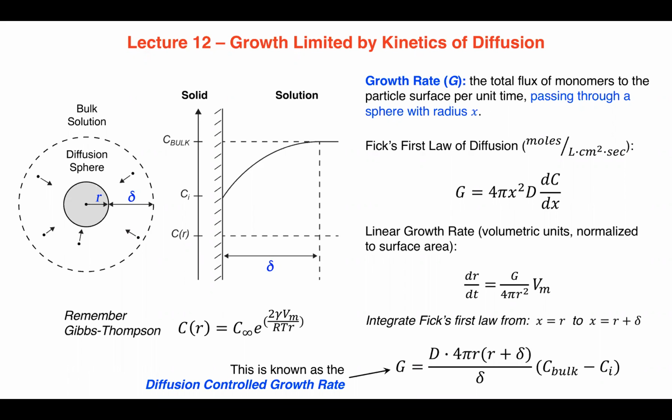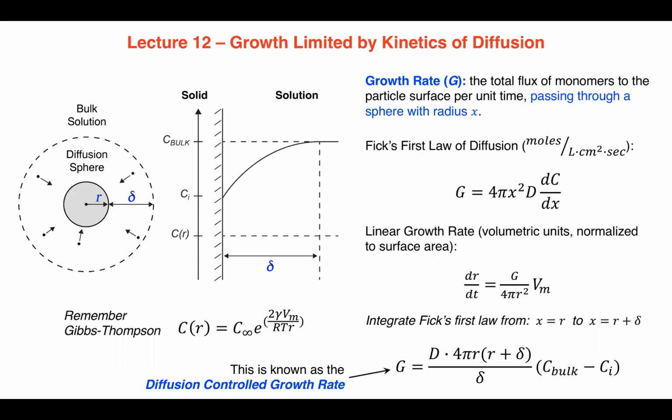So the diffusion sphere could be that radius x, for example. And then the growth rate is really just the surface area of a sphere times the diffusivity of monomers times the concentration gradient at each position of x.